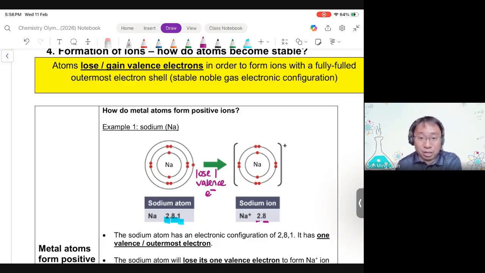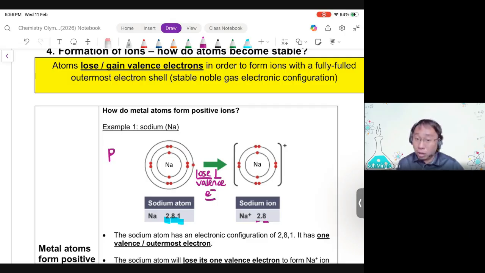Now, that has achieved a fully filled outermost electron shell, hasn't it? Okay? So, the crucial thing is by losing one valence electron, the sodium atom can actually achieve a fully filled outermost electron shell.